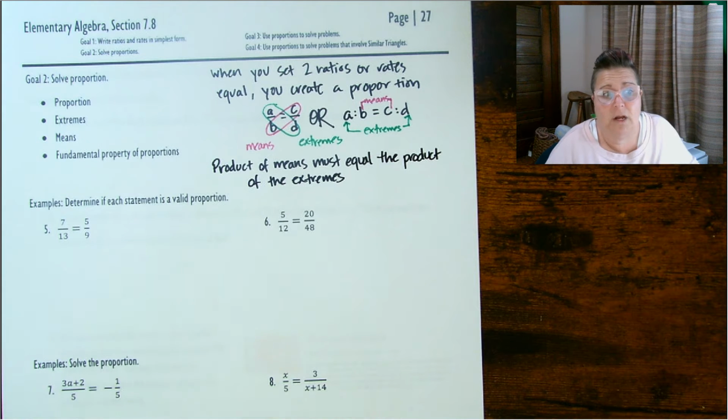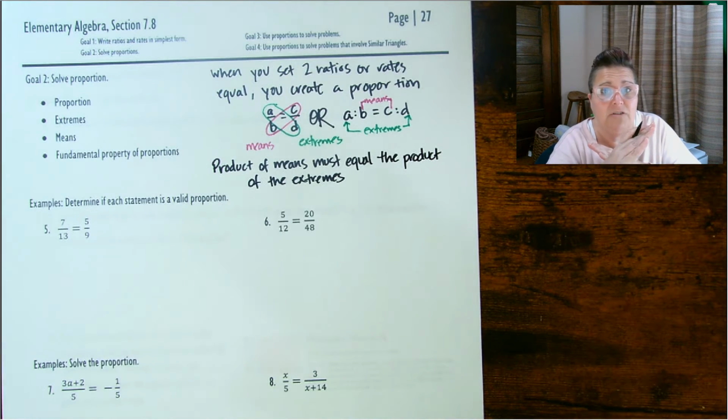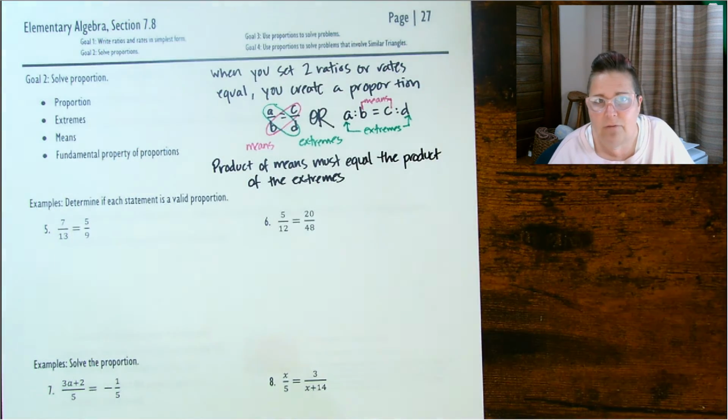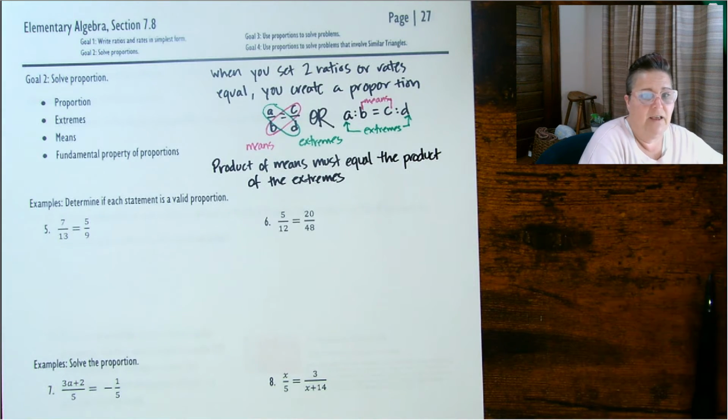That's all this is, cross multiplication. The product of the means must equal the product of the extremes. If that doesn't happen, then you don't have a valid proportion. You may think you have a proportion, but if the product of the means does not equal the product of the extremes, you do not have a proportion. So cross multiply. Product of the means is equal to the product of the extremes. That's what makes it valid.